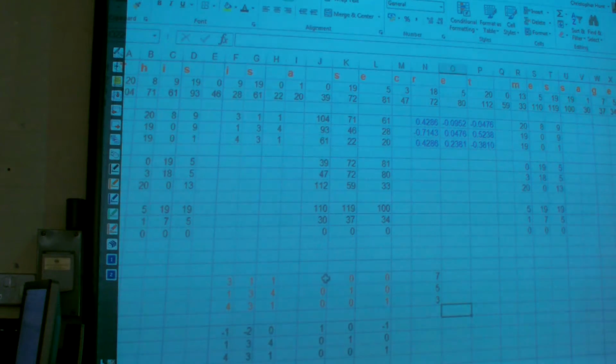So if we multiply this identity matrix by this matrix, it becomes that times that plus that times that, plus that times that.